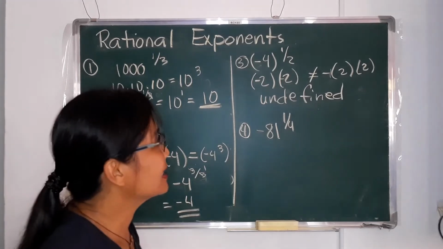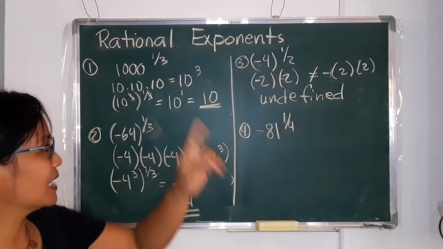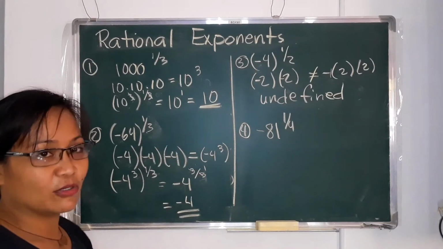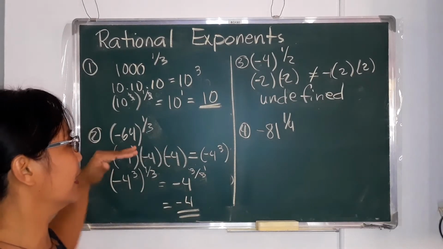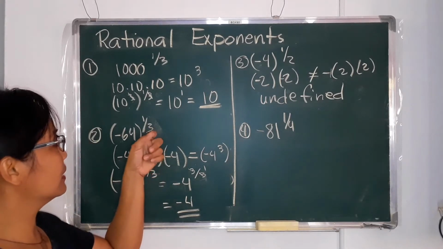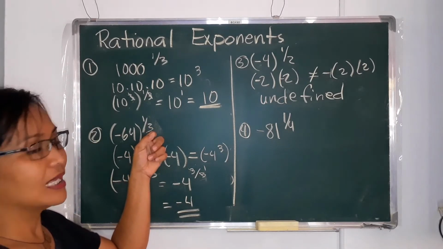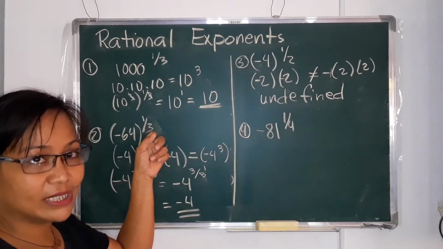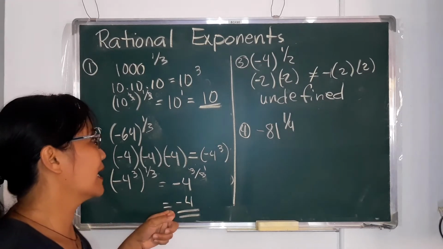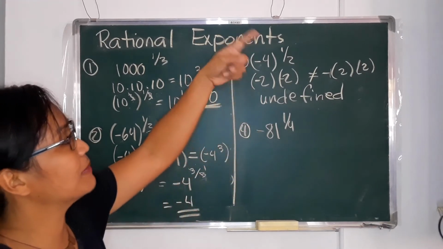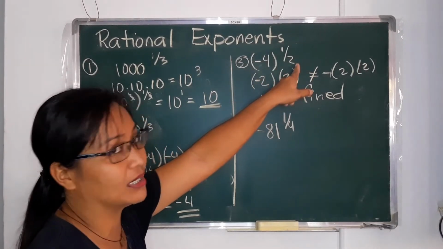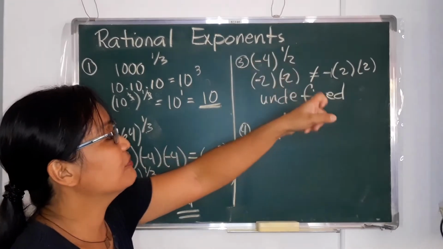Okay? Okay, so next. Ito na ang clue bakit sila magkaiba at hindi defined. Siguro ang nasa isip niyo, bakit ito pwede? Bakit yun hindi? Ito ang clue. Kung ang exponent ninyo ay odd numbers at ang base ay negative, then mayroon tayong sagot. Pero kung ang base natin ay negative at ang exponent ay even number, undefined siya.